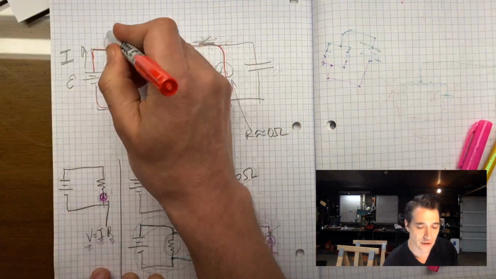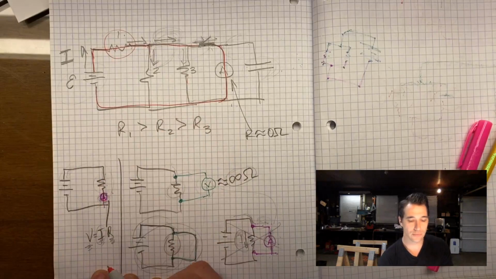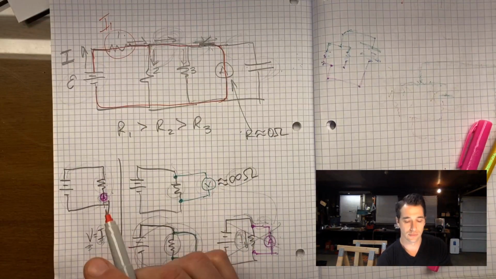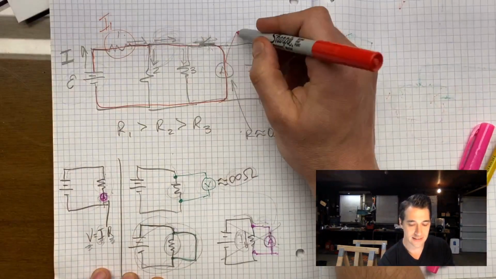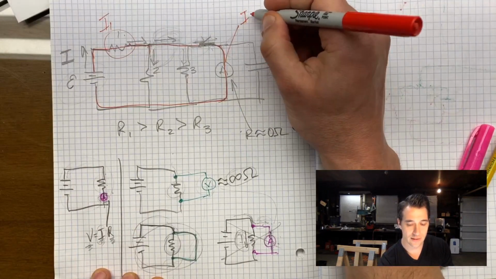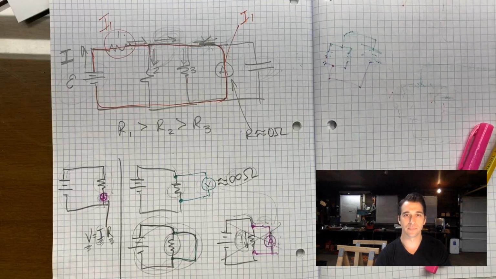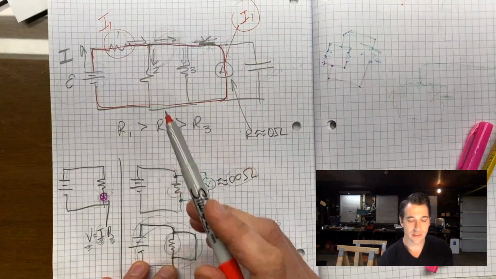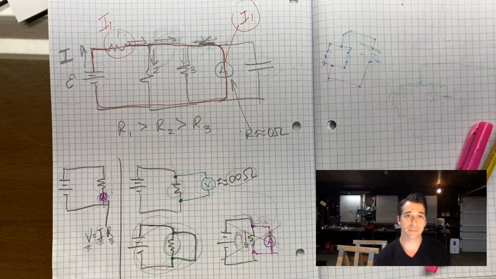So whatever current is going through, we'll call this I1, the current through resistor 1, is the same current that we will measure on our ammeter. We're going to measure whatever that current is. No more current will be flowing through resistor 1. No more current will be flowing through resistor 2 or resistor 3.